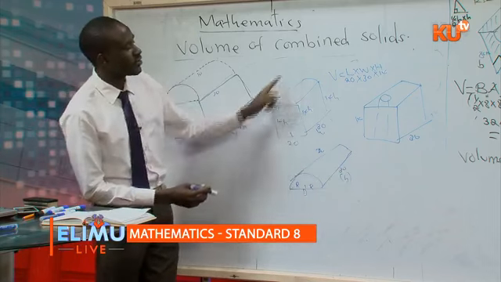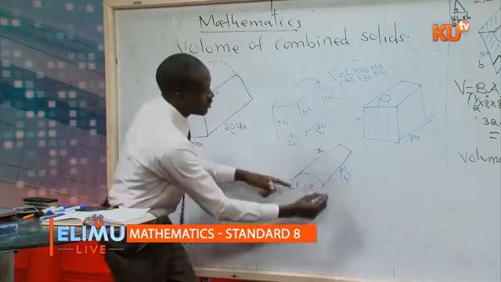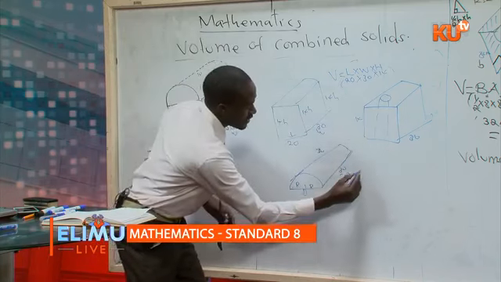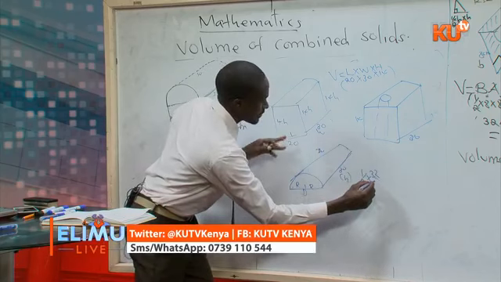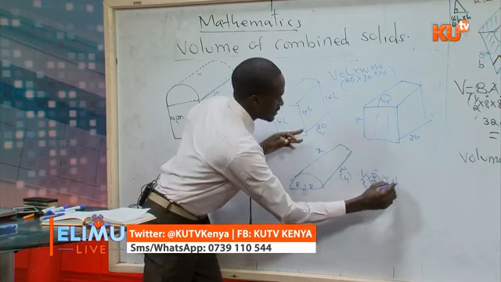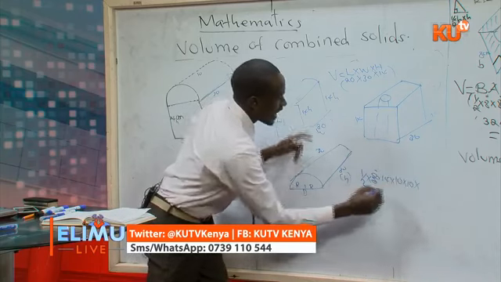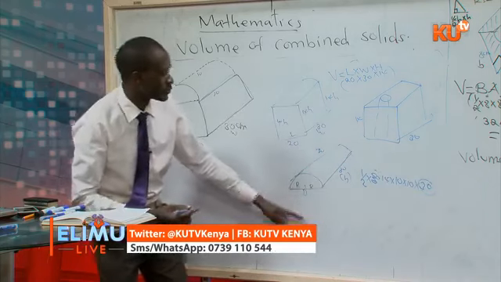But that 30 is not the height of a cuboid. After finding the volume of a cuboid, find the volume of half a cylinder, which is a half times pi r squared, with r being 10, then height is 30. I know this is where you are getting confused.